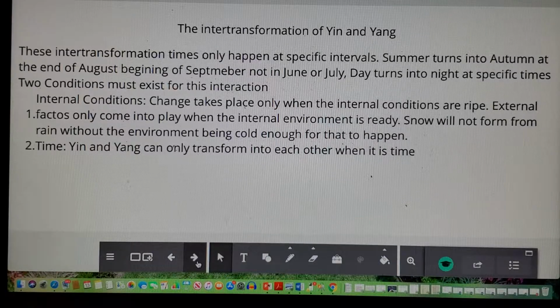And so then we're in trouble. The planet is in an imbalanced homeostatic state. In time, yin and yang can only transform to each other when it is time. At 12 noon, yang is at its utmost and yin is not. And that's just the way it goes.